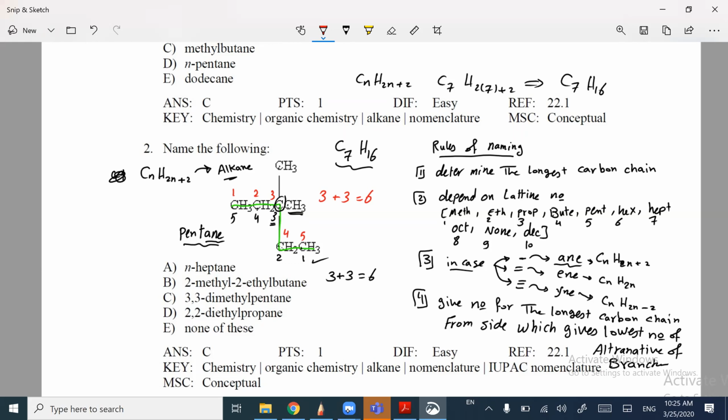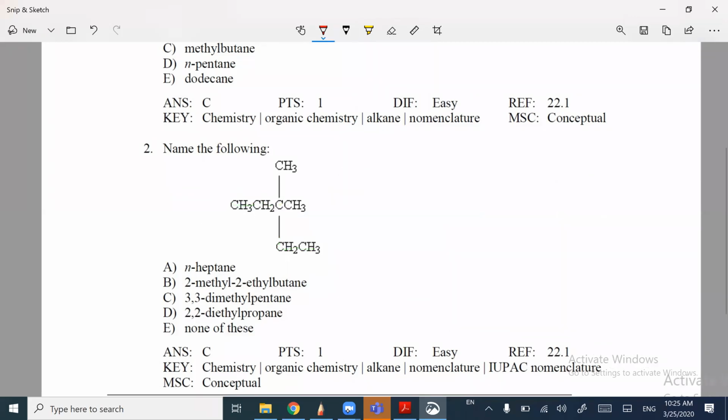Okay, return to rule number 5: branches. Methyl, alkyl, maybe halogens.